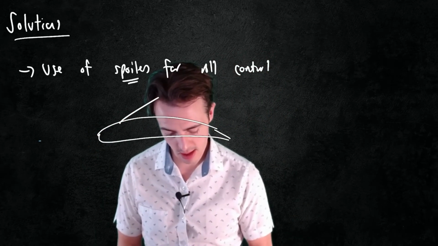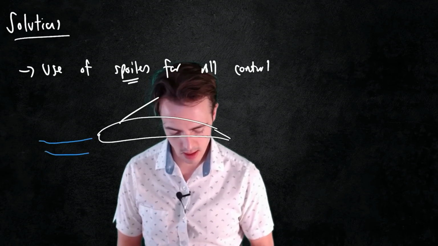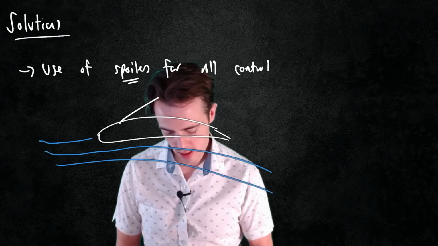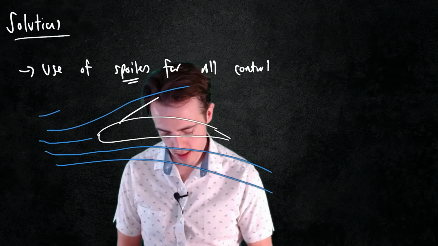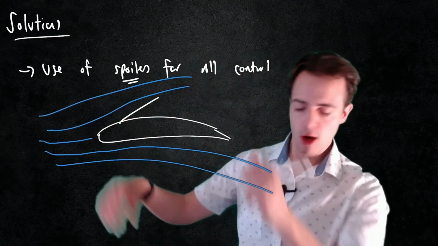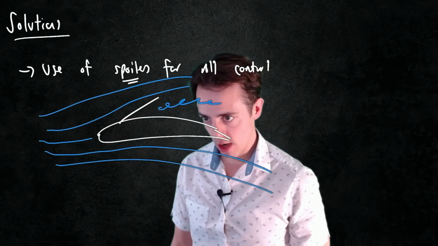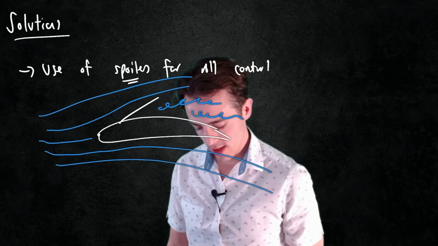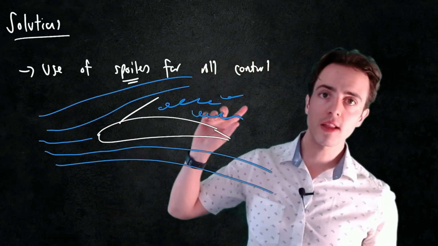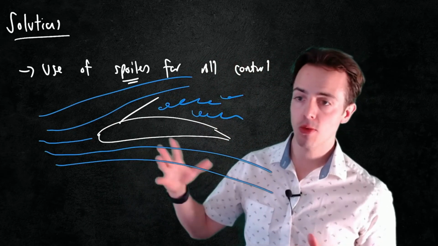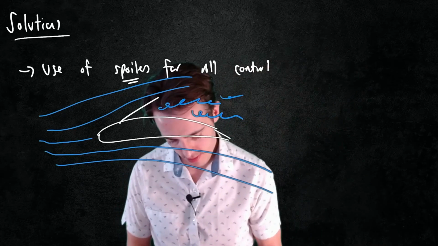So if we have a regular flow around the wing, we then have separation occurring, a stalled region just behind the spoiler. Okay, this will cause a reduction in lift.